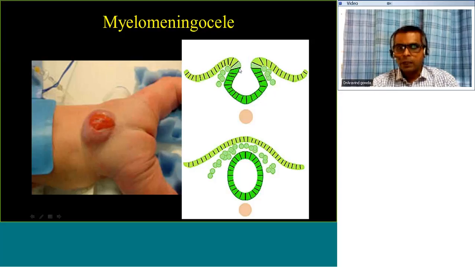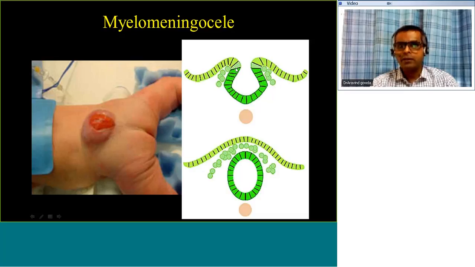So the placode, the non-neurulated tissue that I told you about, should have formed the central canal. If it had formed a neural tube, it would have formed the central canal. Since it is open, the central canal will not be there. So the lining of the central canal is actually open to the atmosphere, meaning the exterior. So the epidermal tissue will not be joining together to cover this placode.